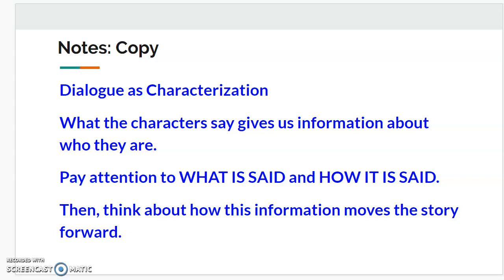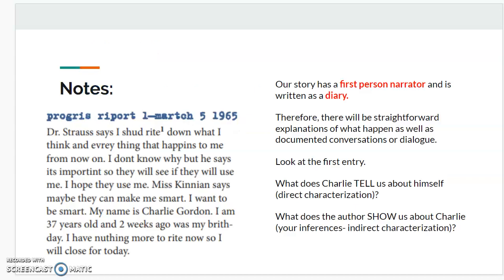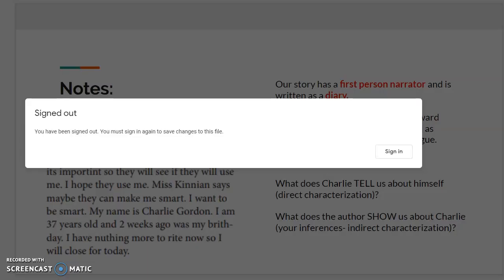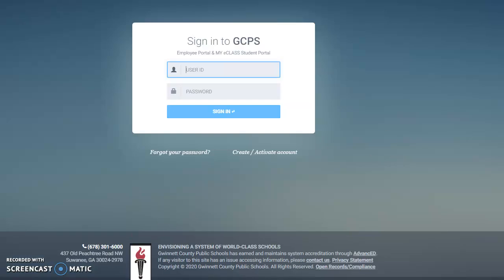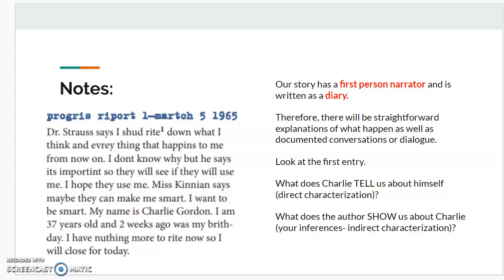So to get us started, I have pulled a couple excerpts from the short story you're going to read. These are examples from this story. And if you look here on the board, we have a couple notes before we read this first entry.